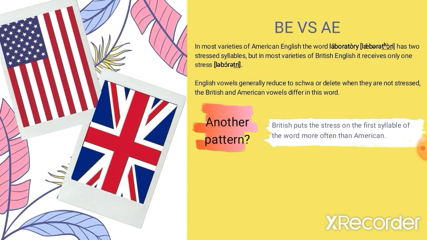British puts the stress on the first syllable of the word more often than American. This usually happens in nouns, so British usually has the stress on the first syllable more than American. Do you want an example?